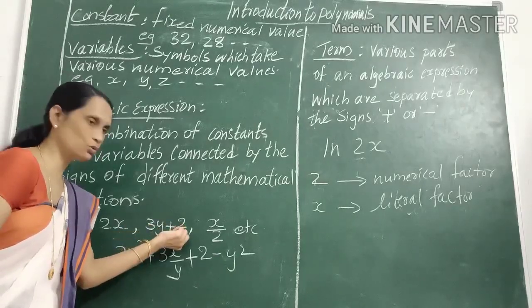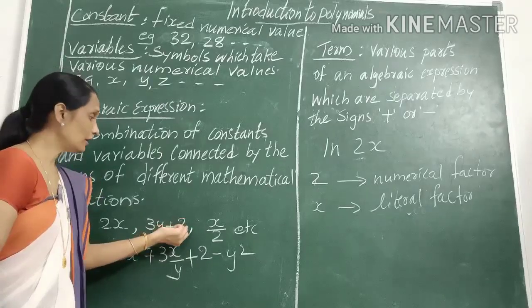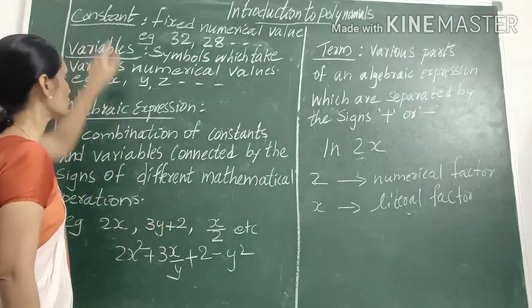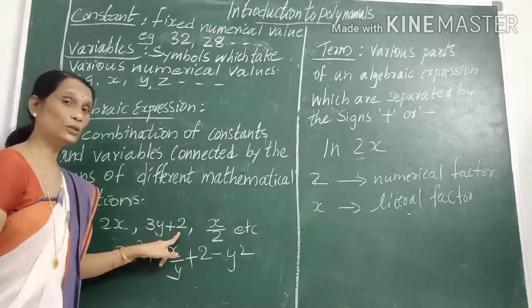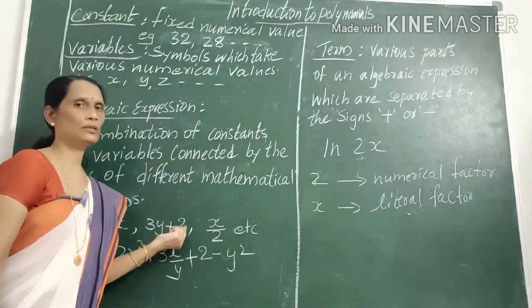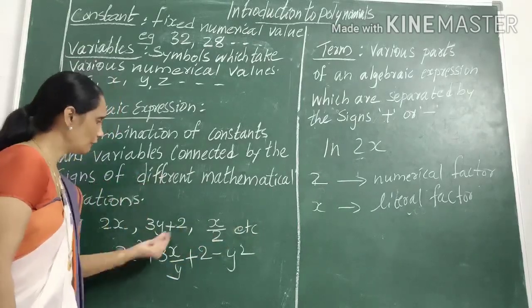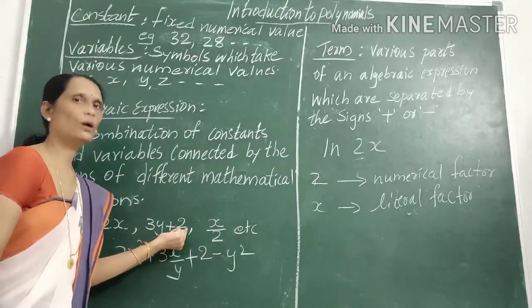Then what is 2? Plus 2, another 2 is there. Here 2 is called the constant. Why is 2 called the constant? Because along with the 2, there is no variable. When there is no variable, we call it a constant.